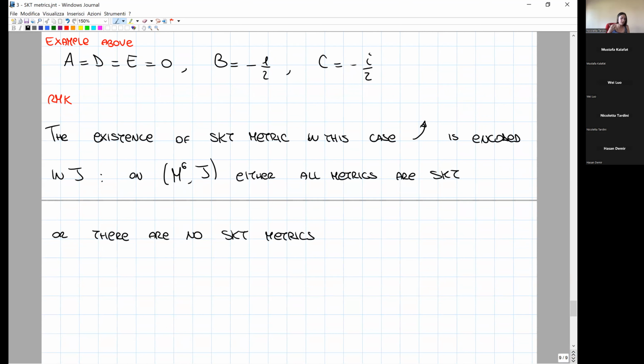Okay, because the information is all contained in the complex structure. So which means that either all metrics are SKT or there are no SKT metrics on the nil-manifold.